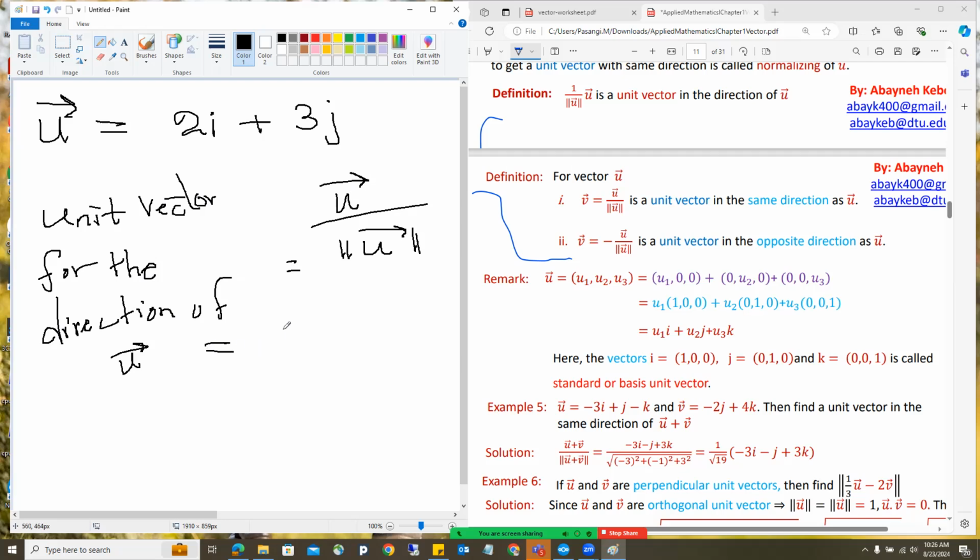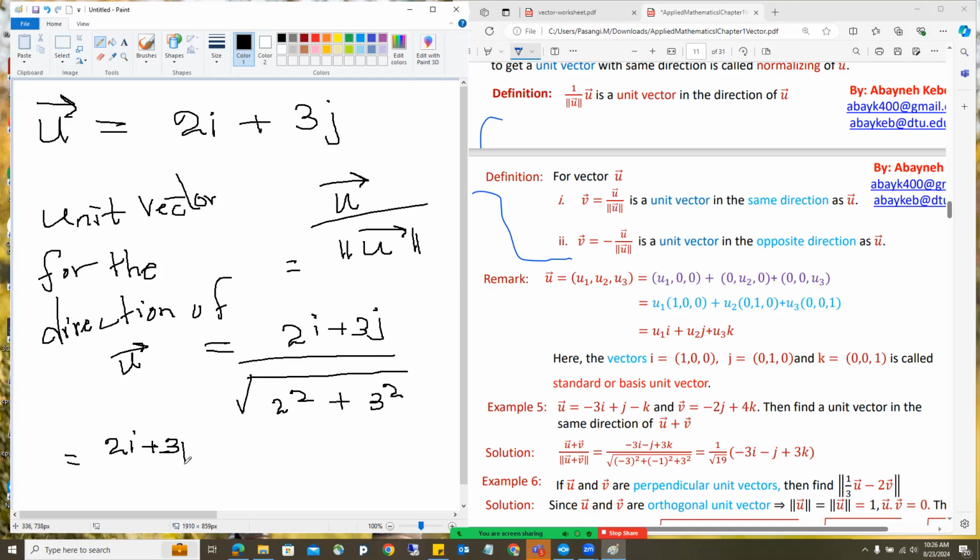Vector u is 2i plus 3j, and the magnitude is the square root of 2 squared plus 3 squared. 2 squared is 4, 3 squared is 9, altogether the square root of 13. So 2i plus 3j should be divided by the square root of 13.